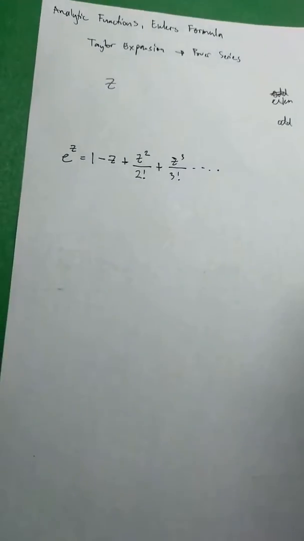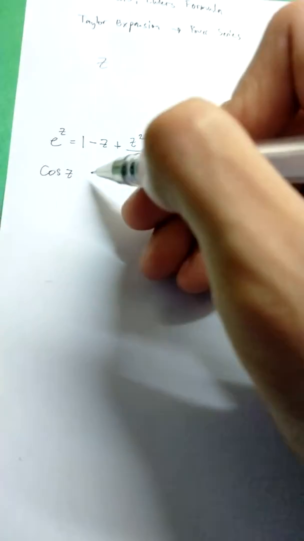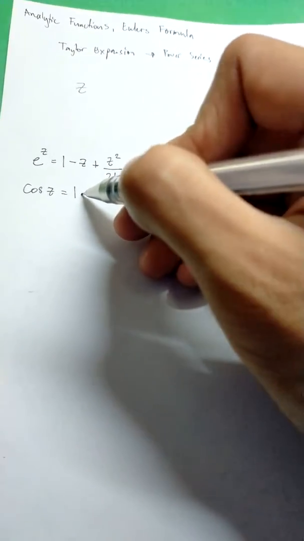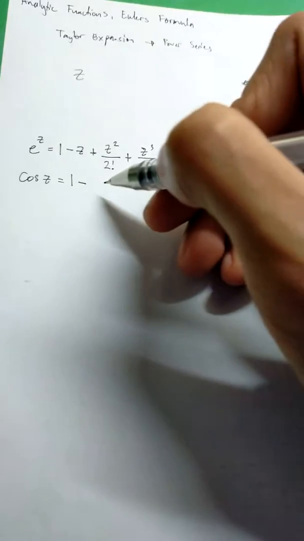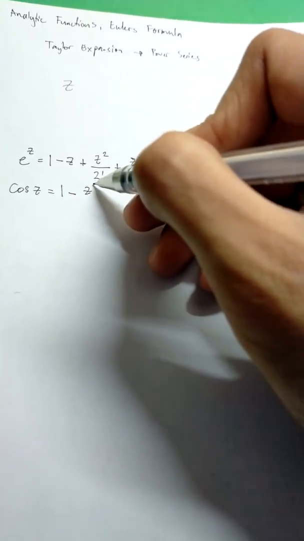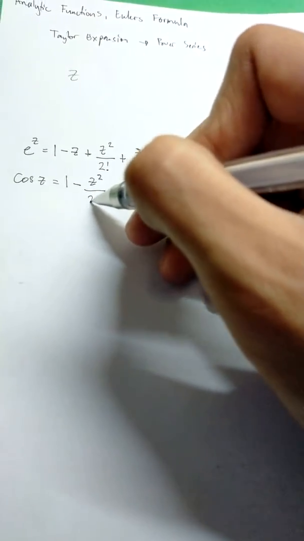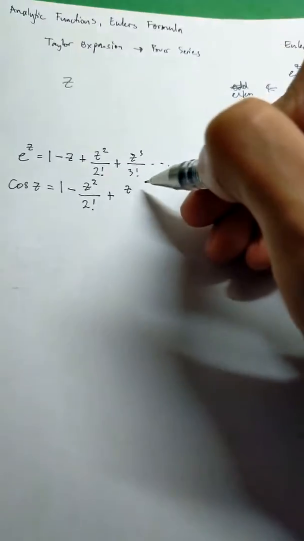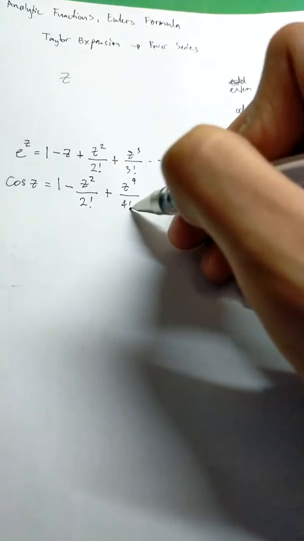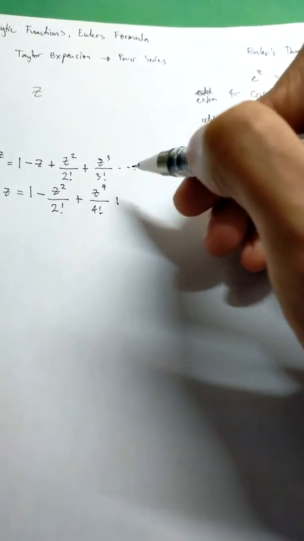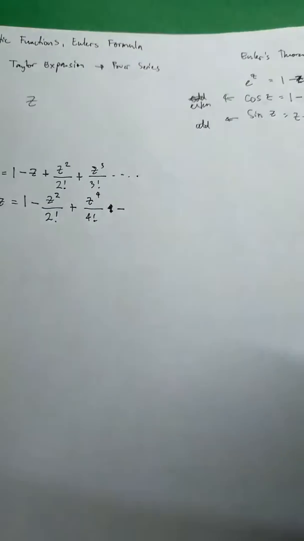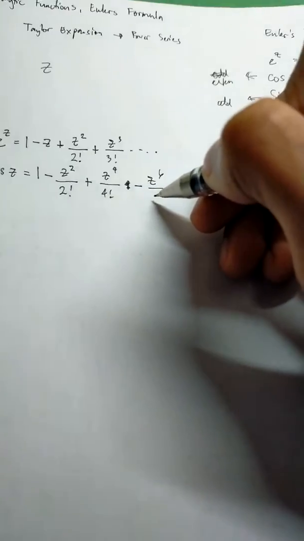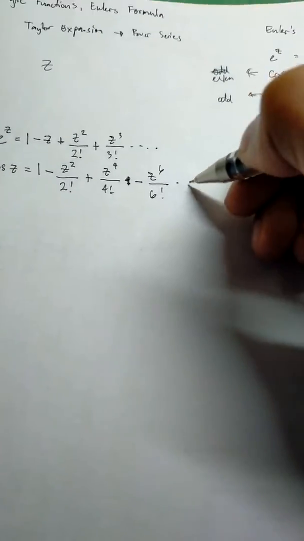Okay, then sa aton nga cosine z naman, so this will be equal to 1 minus, so we will follow the even numbers of sequence, so z squared over 2 exclamation, then plus z 4 over 4 exclamation, then minus z 6 over 6 exclamation, and so on.